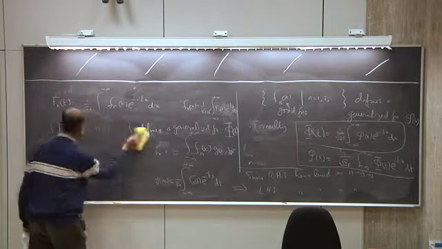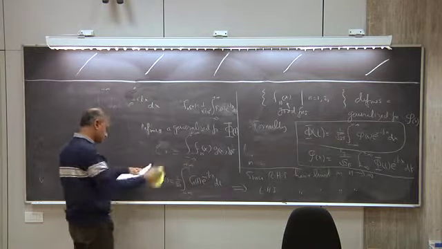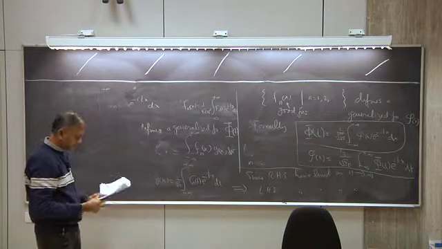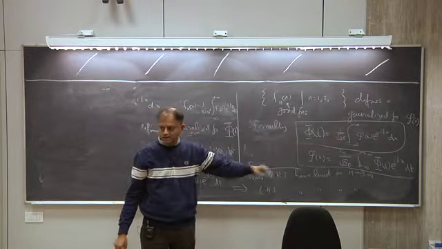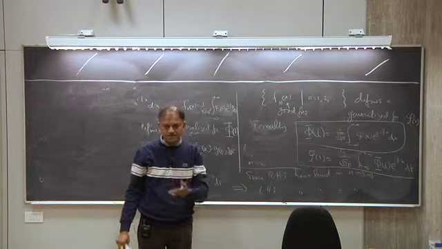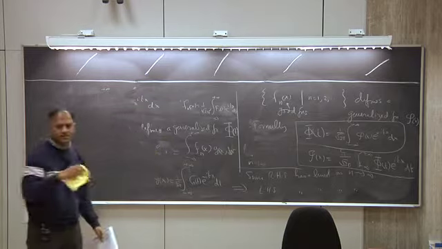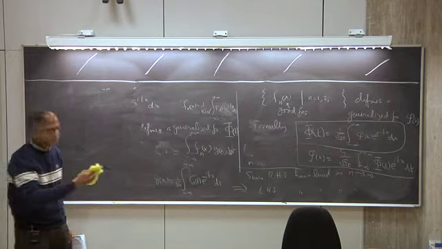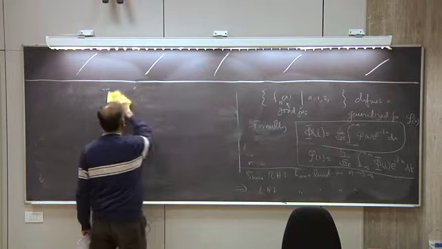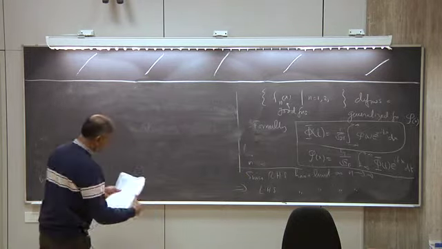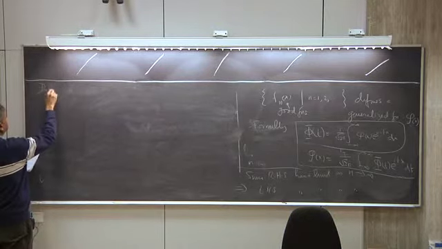Now I think the only last point I had to make was to go back to the delta function. This was a general discussion of generalized functions. Now let us focus on the delta function, because that is what you use mostly in physics. The delta function and the step function are the two things which you mostly use. So let's go back to the Dirac delta function.